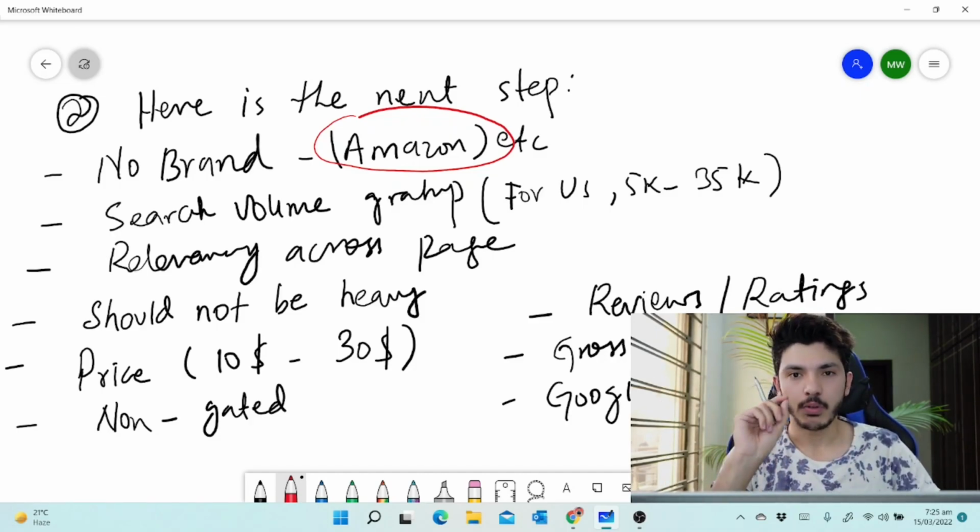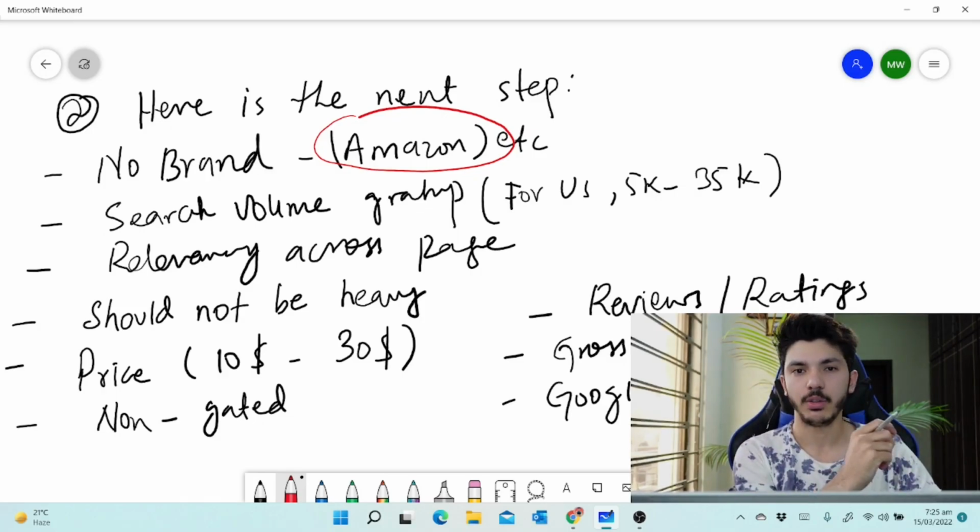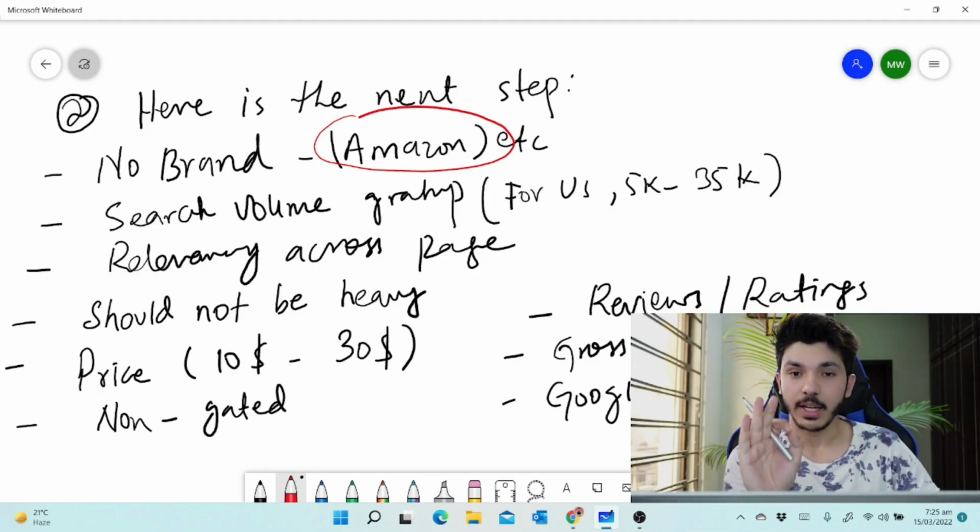So that's why you always need to check how many sellers or brands are already repeating in the top 10 or top 15 or top 20. You need to set a criteria according to that. Maybe you don't want someone to be repeated 3 to 4 times. Okay, 2 times is okay, but no more than 3 to 4 times. You need to care about that, because this is very important.